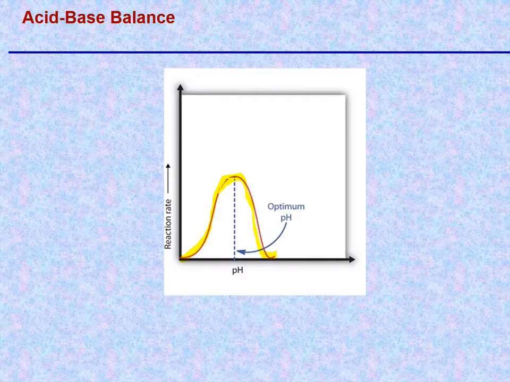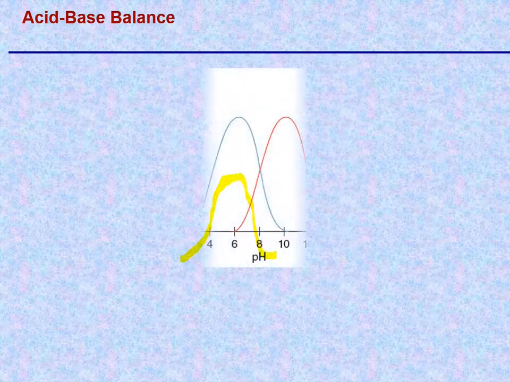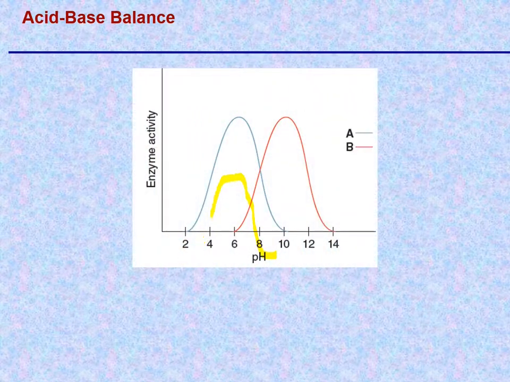Now, you should be able to appreciate that when you look at a range of pHs versus the catalytic activity, or enzymatic activity, or ability to produce product, all the same thing, different enzymes may have quite different pH profiles in terms of their activity.